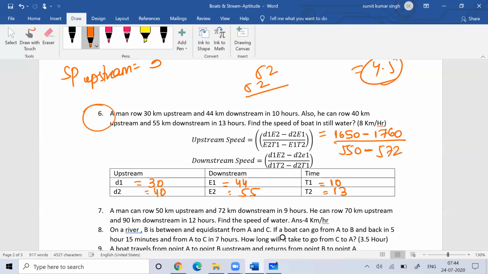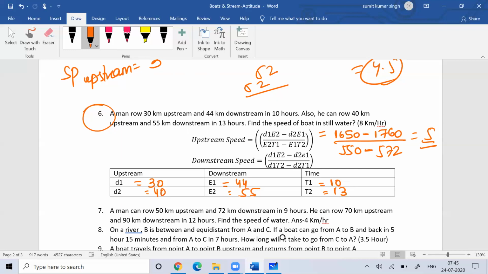With this you'll get the upstream speed. The numerator is 110 and the denominator is 22, so 110 by 22 is 5. So the upstream speed you got is 5.